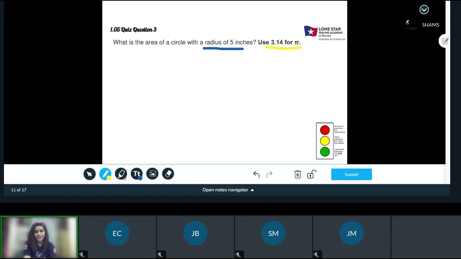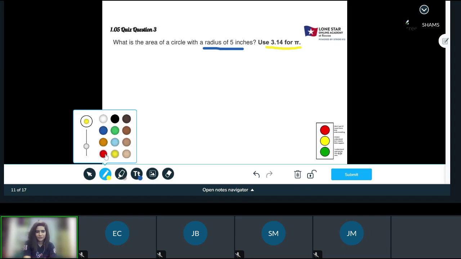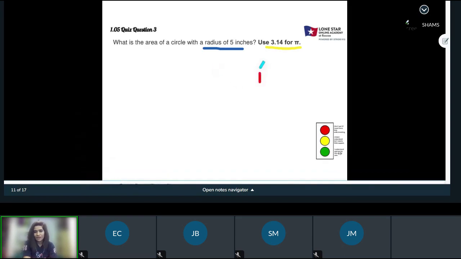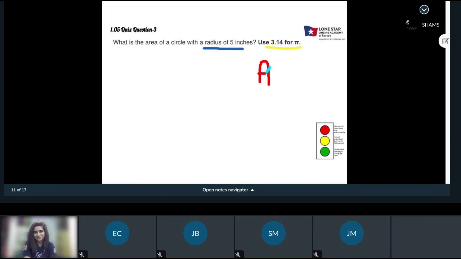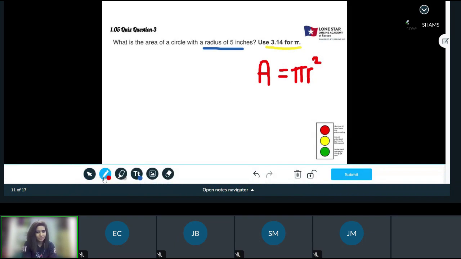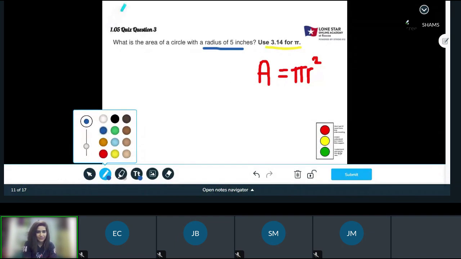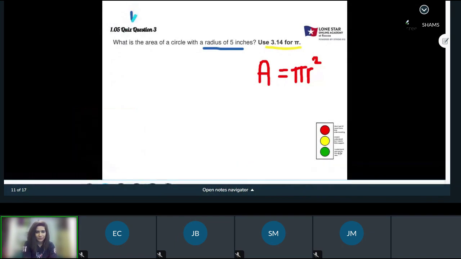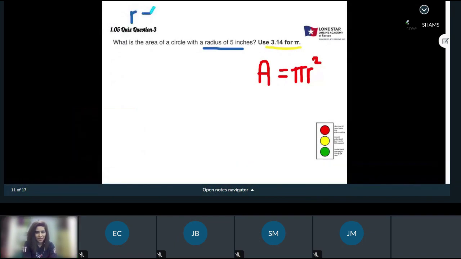So if you want to find area of this circle, you write the area formula. To find area of a circle, you will do pi, that is 3.14, times radius squared. In this question, the radius is 5, right? Radius is 5.